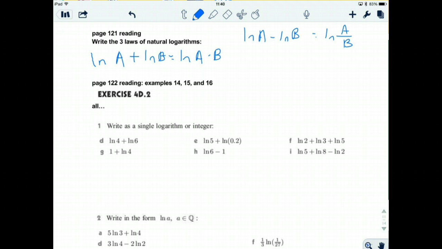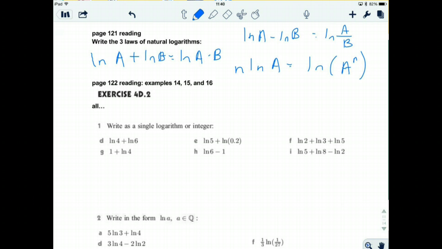So you can see that these are exactly like the logs for log base 10, except instead of log, we write ln, which is natural log, which is the same thing as a log base 2.71, or log base e. And then last of all, we have n log of a is equal to log of a to the n.